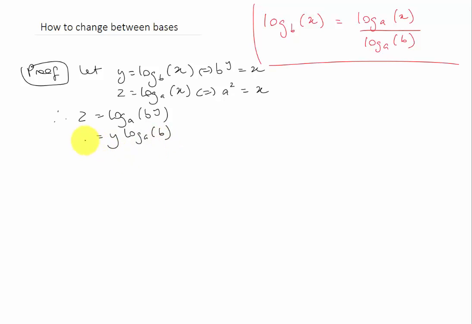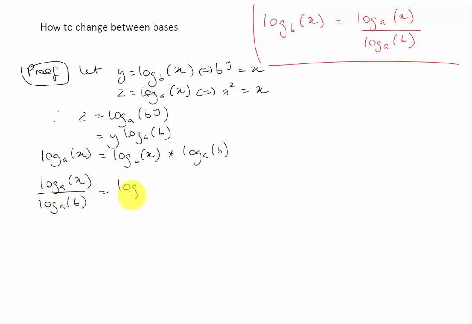And now we're going to replace z by log in base a of x, and we're going to replace y by log in base b of x, and then log in base a of b stays the same, and then we can rearrange that to say that log in base a of x divided by log in base a of b is equal to log in base b of x. So that's what I was trying to show you there.